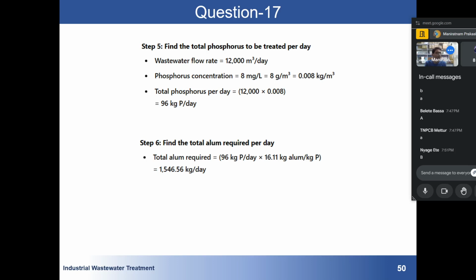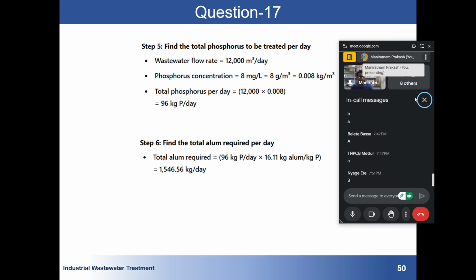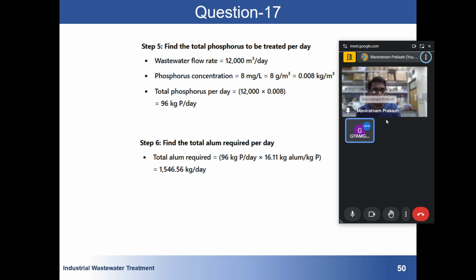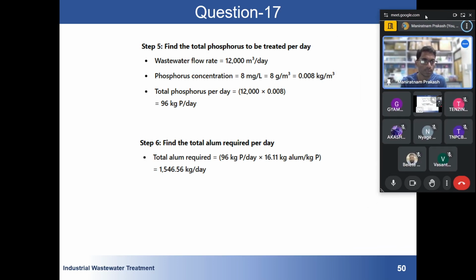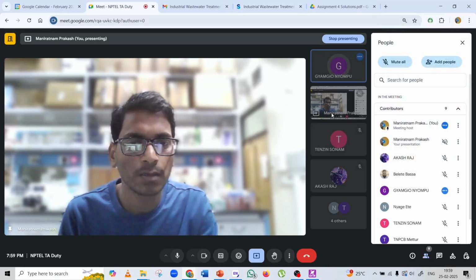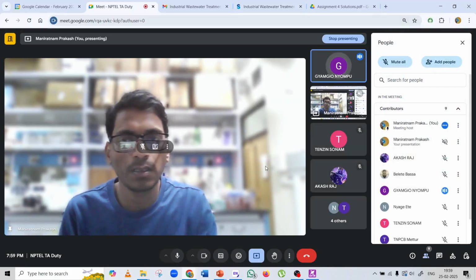Sir, do you know what the exam pattern will be for the certificate? That I have no idea, sorry. Will this assignment and exam mark be directly related to our grades in college?